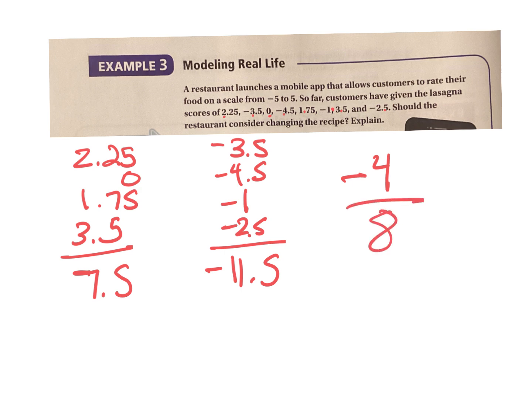So we'll divide that by 8. Negative 4 divided by 8 equals a negative 0.5. So the average customer out of 8 gave it a negative 0.5. If I was the restaurant, I would change the recipe.